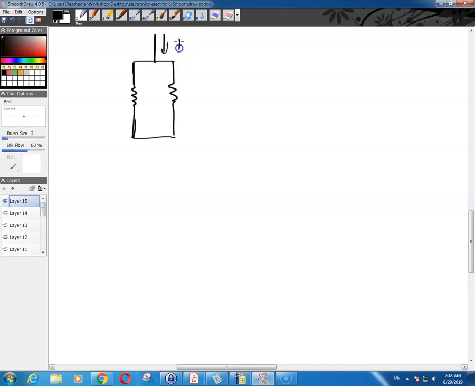There is some I(t) coming in here. There is your R1, there is your R2. This would be your I1. This would be your I2. And that is basically your circuit. I(t) is given, and the values of R1 and R2 are also given, and then you're supposed to calculate I1 and I2. That's basically the situation here.